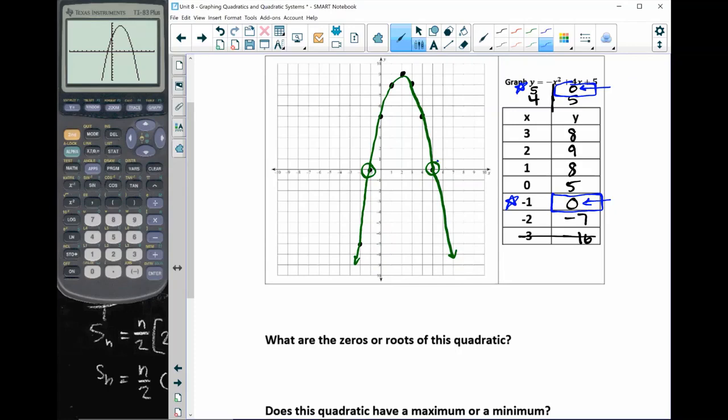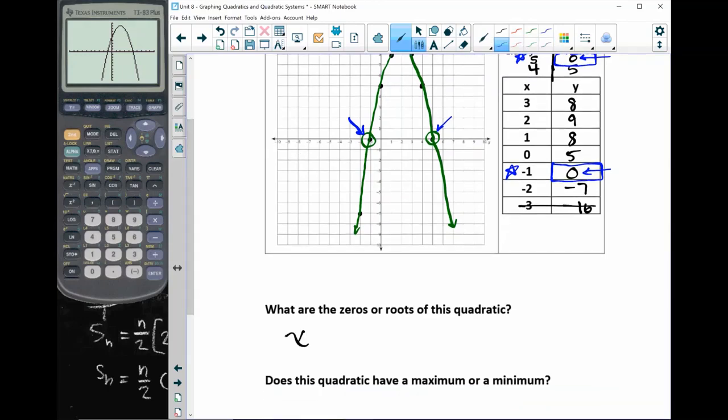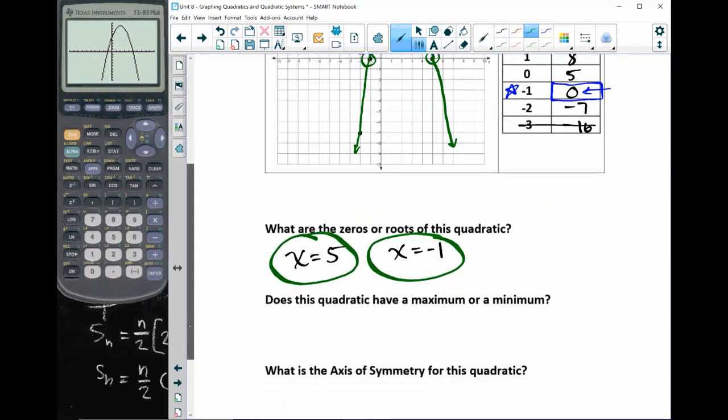You can also see it on the graph. So when x equals 5 and when x equals -1, those are my two roots. So these are the roots of my equation.